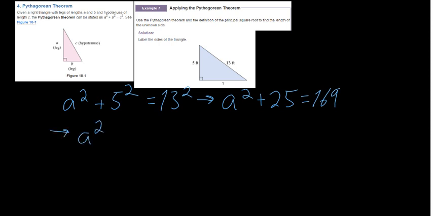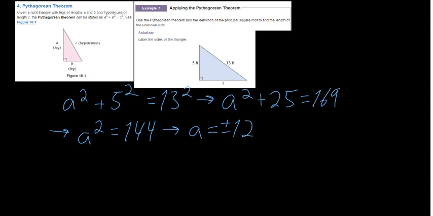A squared is equal to 169 minus 25, which is a nice perfect square, 144. And if we take the square root of 144, we would say a is equal to plus or minus 12.